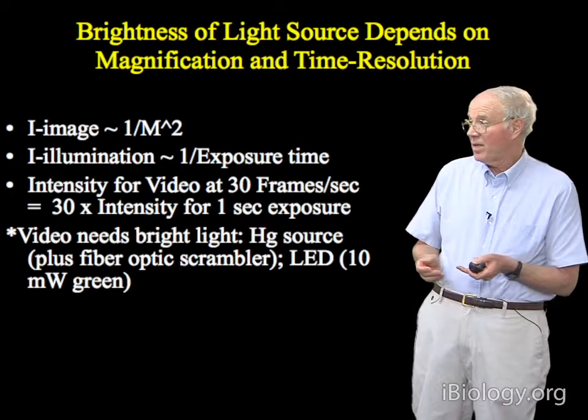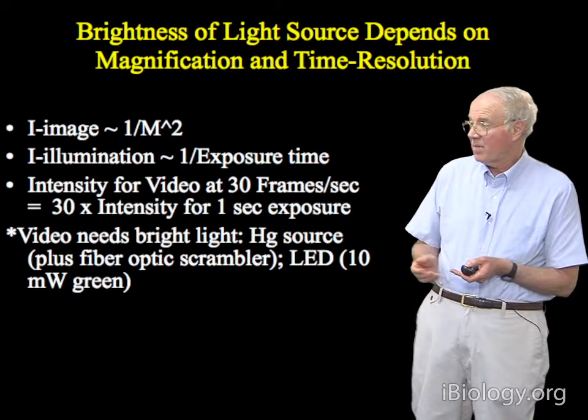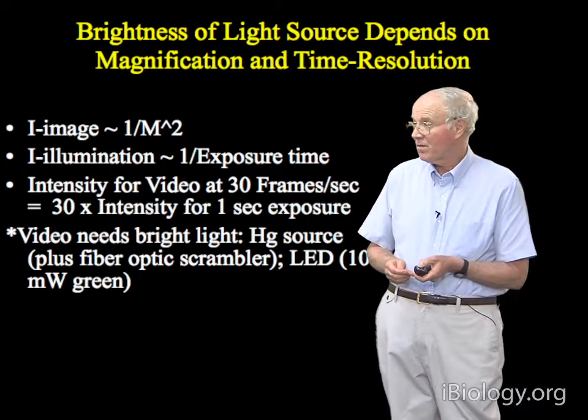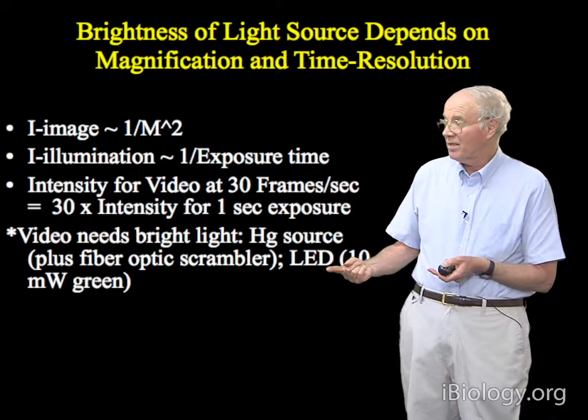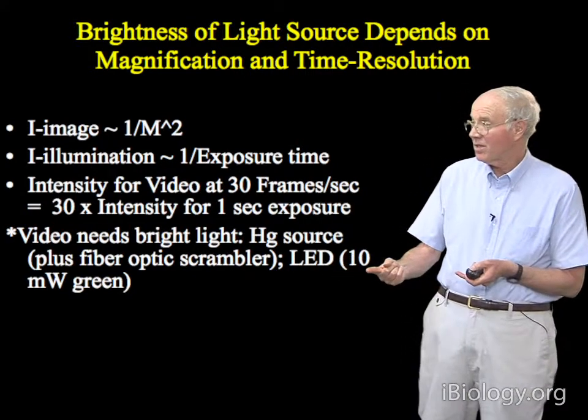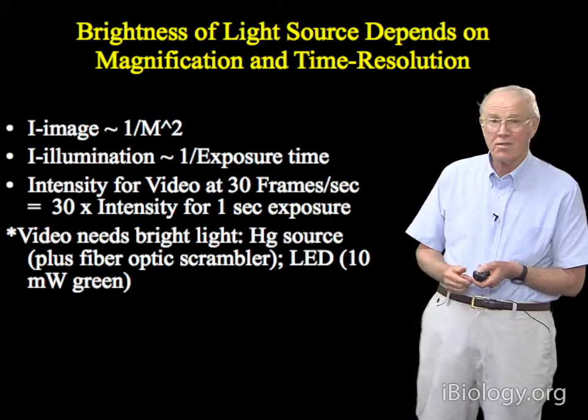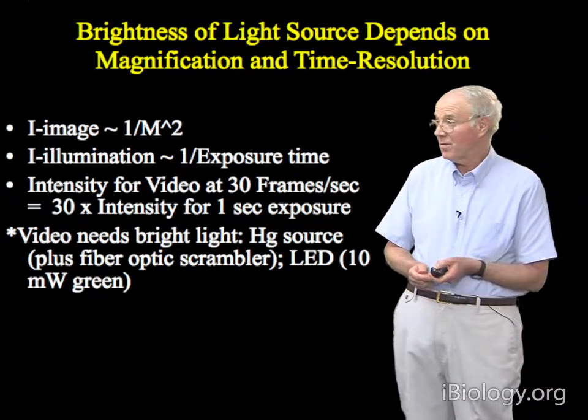Now, video needs a bright light. We, in the past, have used mercury light sources with fiber optic scramblers. Nowadays, you can get quite intense light-emitting diodes that can produce the 10 milliwatts of, let's say, green light that you need to make a nice image of a microtubule.